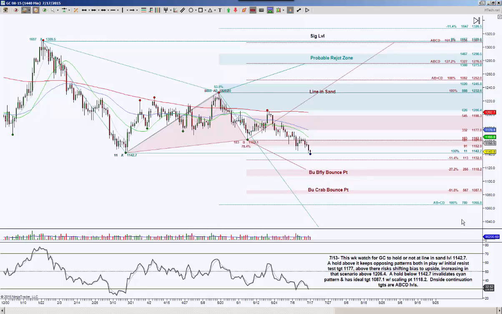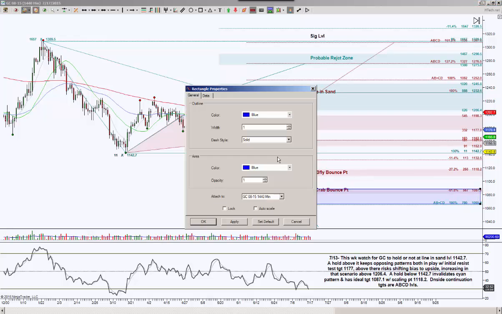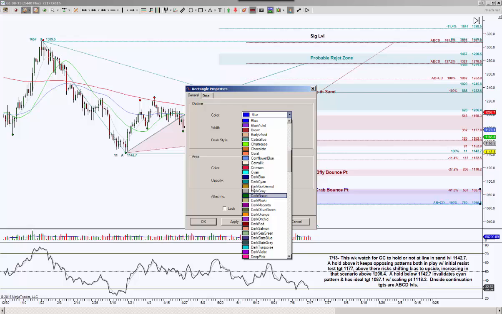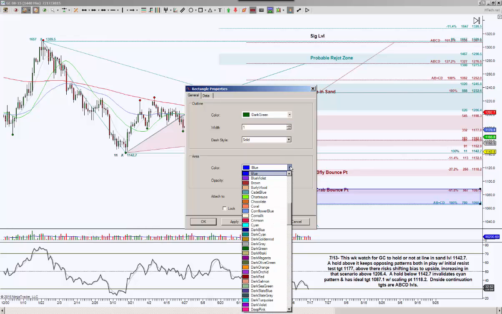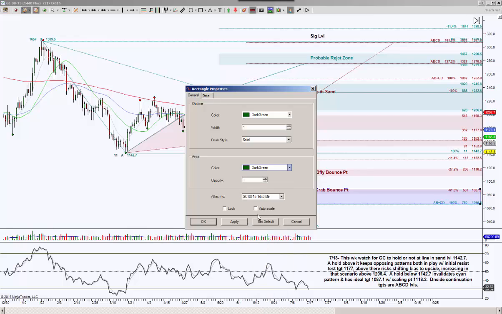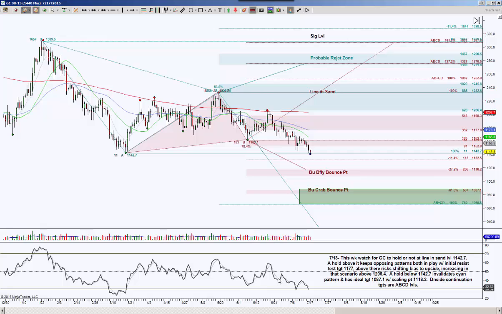So I also have another emerging pattern that creates a zone between it and that ABCD here. So I know that seems like a big zone, but it offers a target to the downside, and how it behaves once it gets there is going to be absolutely key, right?